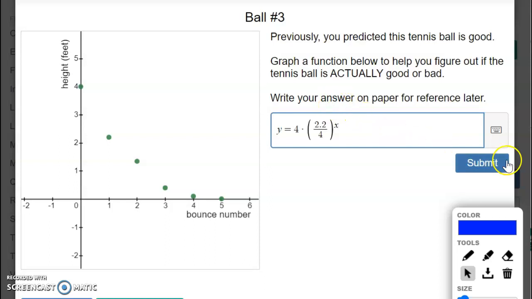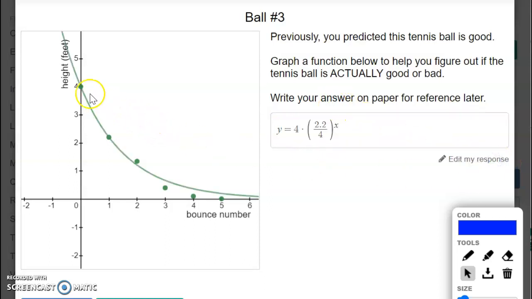When I do that and submit it, what happens? It does not quite fit, does it? So it seems it's not following the exponential function very well. Even if I adjust this, some will be a little bit above, some will be below. This is not an exponential function. That is the reason. And so this is not a very good graph of the tennis ball.